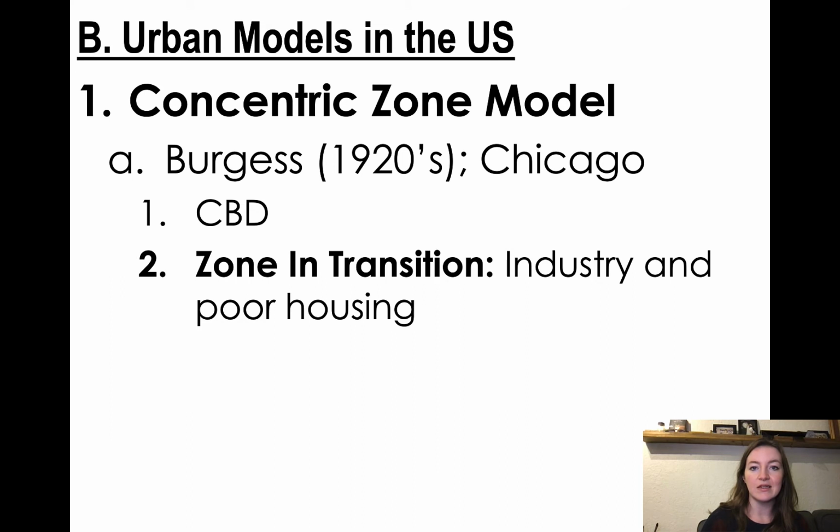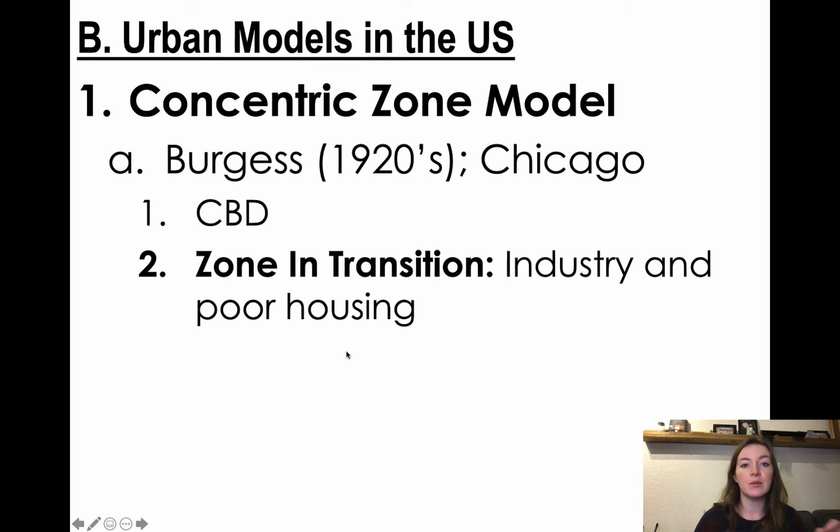The second is the zone in transition, and that is where we have industry but also some housing. So kind of this stuff that needs to be really close to the CBD, but also the housing where the poor people live. It's the people who are working in the industrial zones and can't afford to move out of those places.